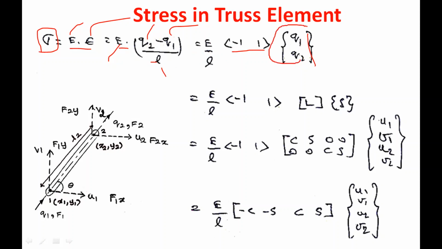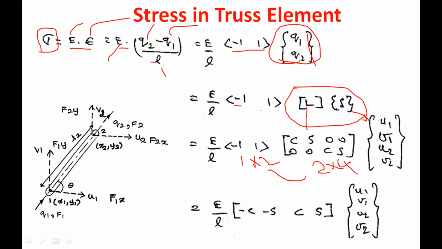Now this Q1, Q2 can be replaced in terms of the transformation matrix and the global displacement. So E by L, minus 1, 1, and the transformation matrix L is nothing but C, S, 0, 0, 0, 0, C, S, and the global displacement matrix is U1, V1, U2, V2. This is a 1 by 2 matrix, multiplied by this 2 by 4 matrix.